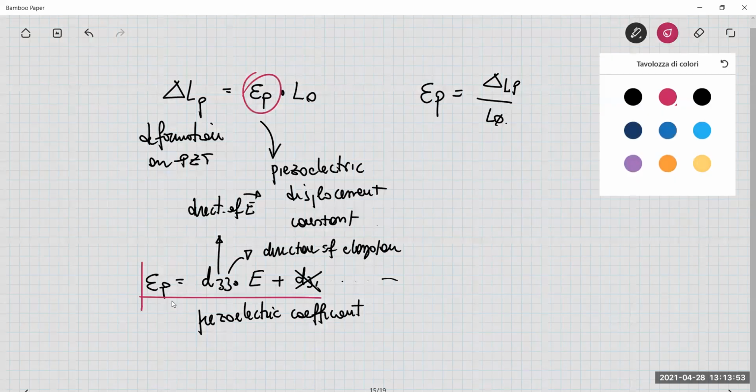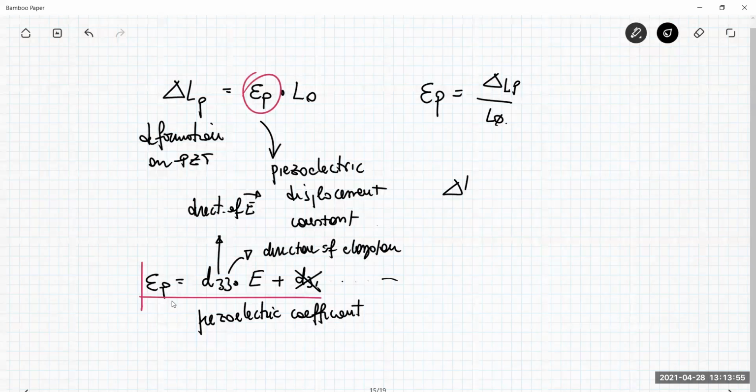So if I put this expression into this quantity here, I get that delta LP, the obtained deformation, is D33 multiplied by E multiplied by L0. Now here we have the multiplication of an electric field by a length, and this is exactly the definition of a voltage.